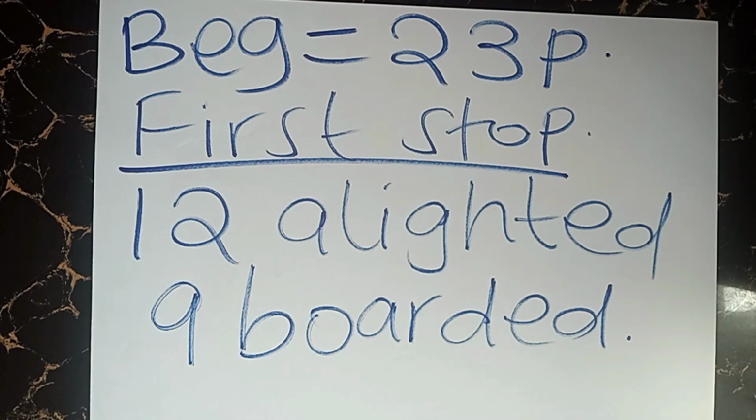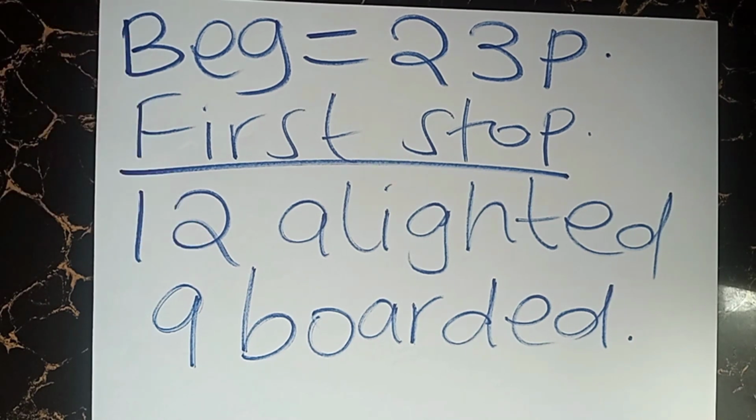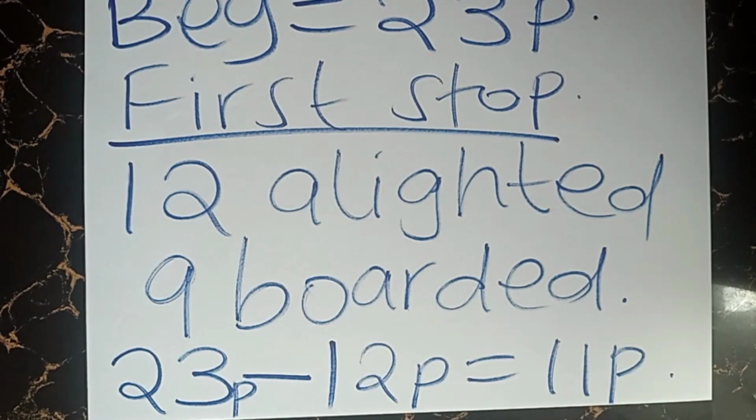So we've been told that the minibus had 23 passengers at the beginning of the journey. And at the first stop, 12 passengers alighted. So now we'll subtract the 12 passengers that alighted from the 23 passengers that were there at the beginning of the journey. Okay, so we'll have 23 minus 12 is 11 passengers.